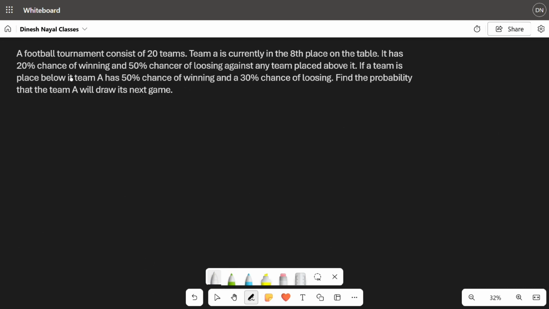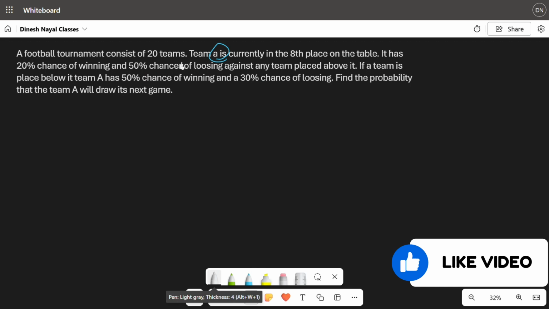A football tournament consists of 20 teams. So actually there are 20 teams participating in a football tournament. Team A is currently in the 8th place. So you can see this team A is currently in the 8th place on the table. So its ranking is 8 out of 20. It has 20% chance of winning and 50% chance of losing against any team placed above it. Sorry, this is chance actually. This is wrongly written.